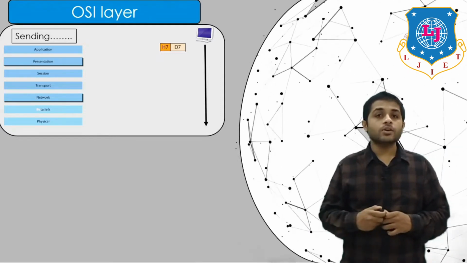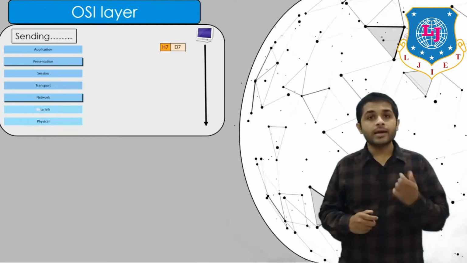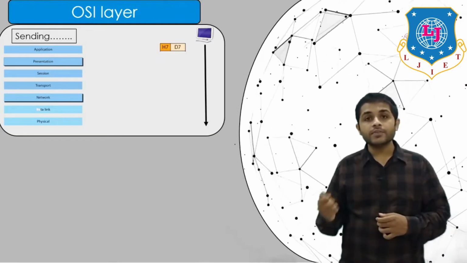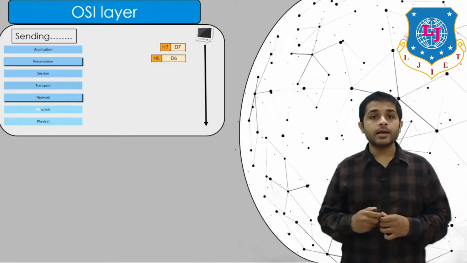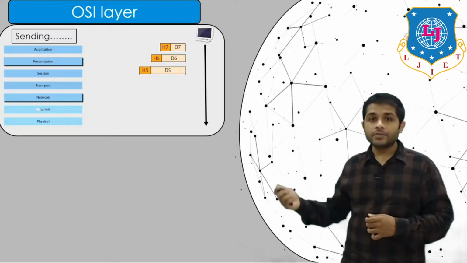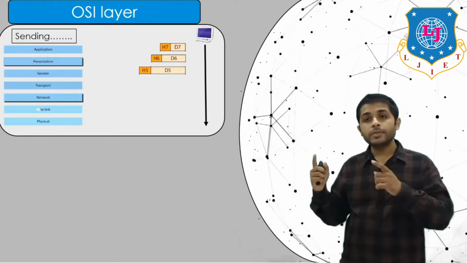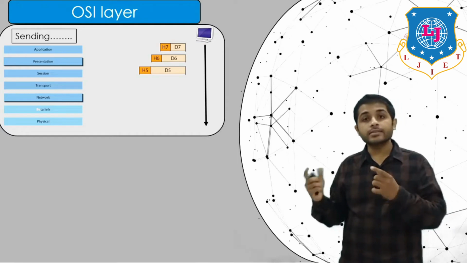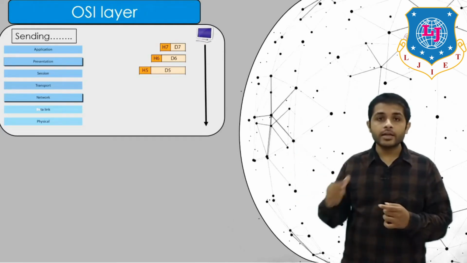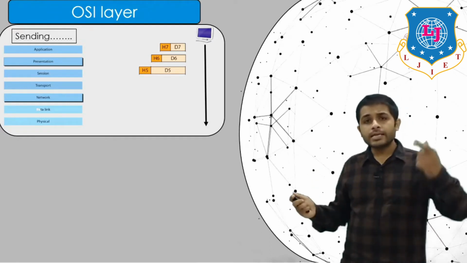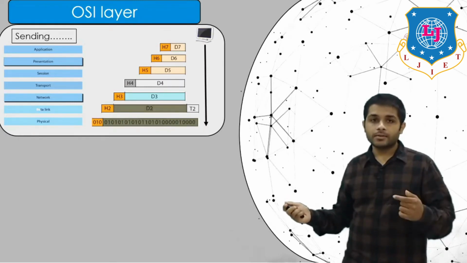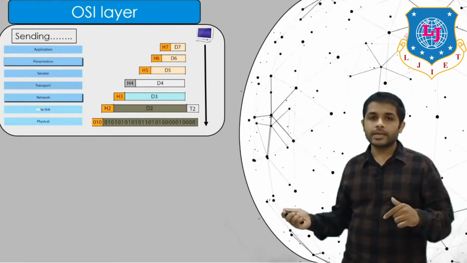You can see the original data is D7 and the header H7 is added at the application layer. After that, H7 and D7 will be encapsulated at the presentation layer, and the H6 header will be added. After that, H6 and D6 together are considered as data, and when passed to the session layer, it will be encapsulated and header H5 will be added. So when data is passed, each and every layer adds some data, and after that the data is sent.